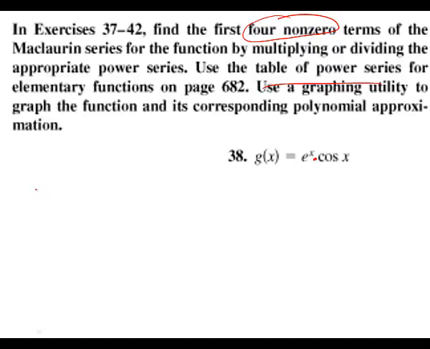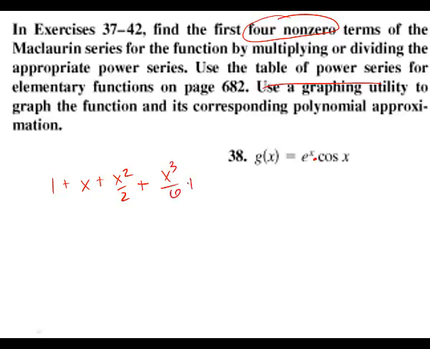Okay. So in your table, tell me what is the expansion for E to the x? 1 plus x plus x squared over 2 factorial. Good. Is it over factorial or just 2? It's factorial. But 2 factorial is 2, plus x cubed over 3 factorial, that's 6, right?